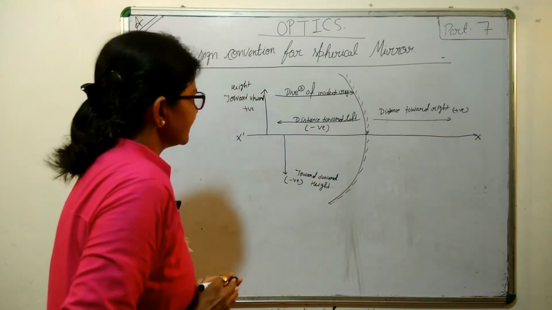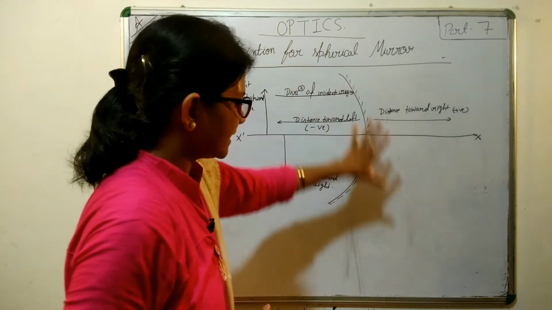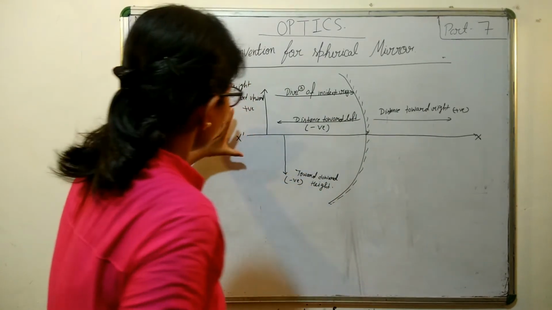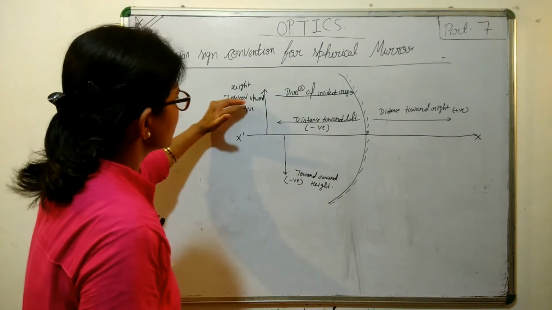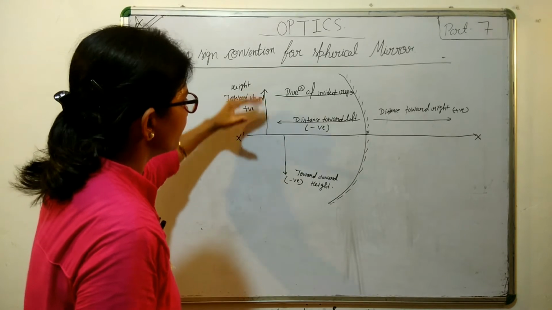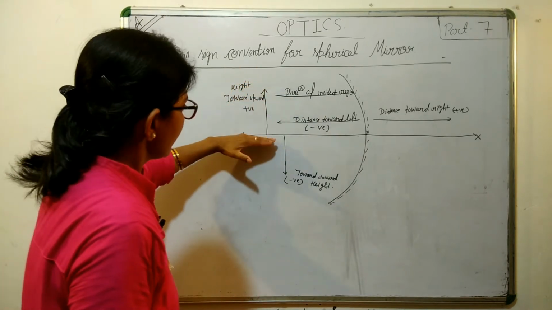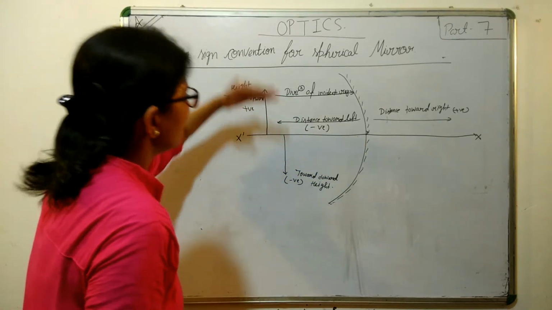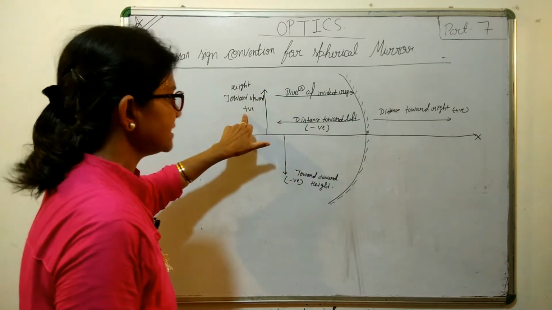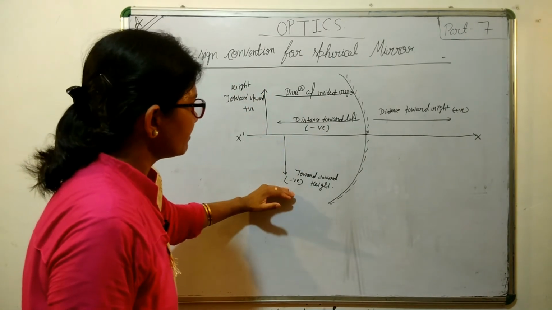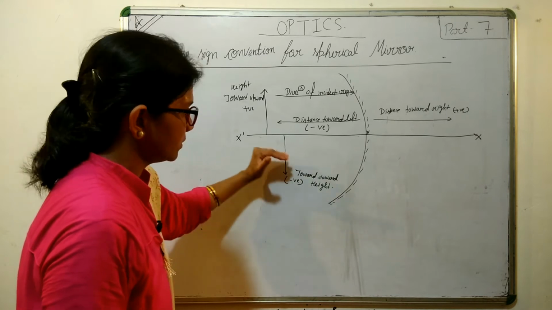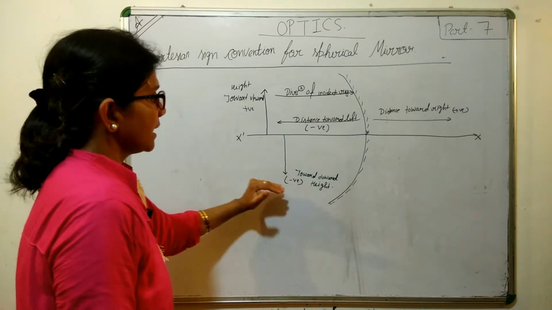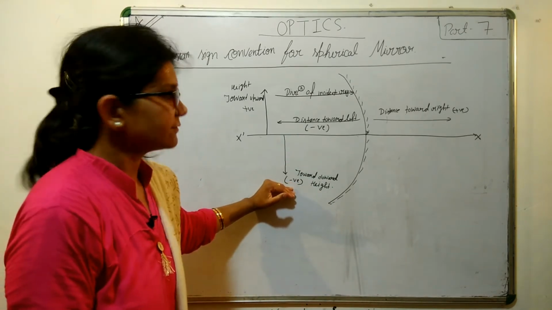So it is very easy to understand. If your height is upward, meaning above the principal axis, it is positive. If you are measuring the height downward, then it is negative.